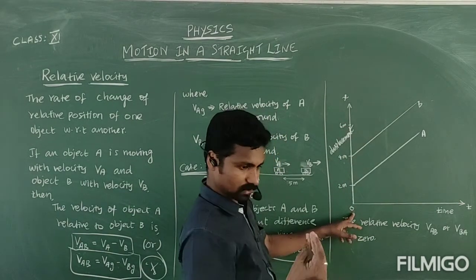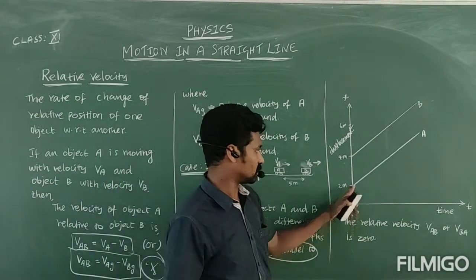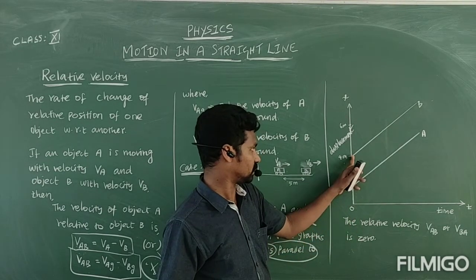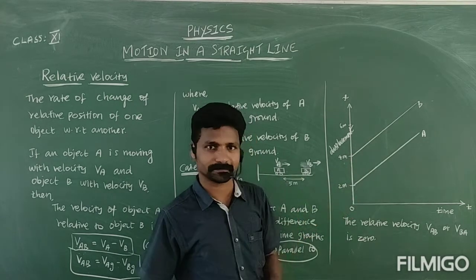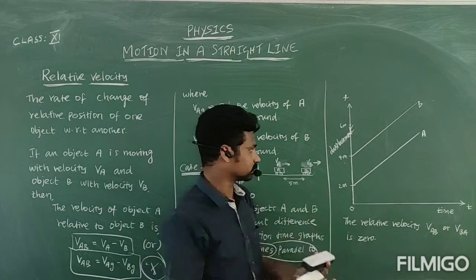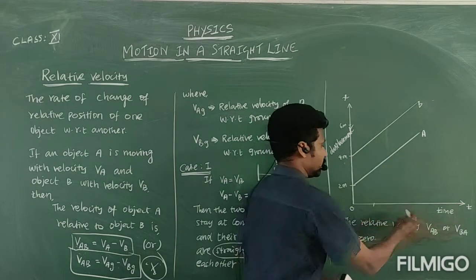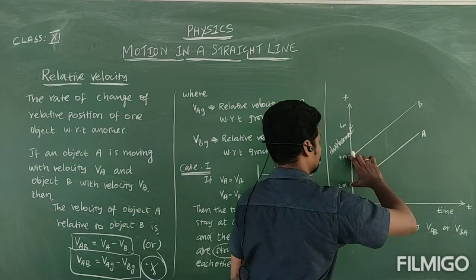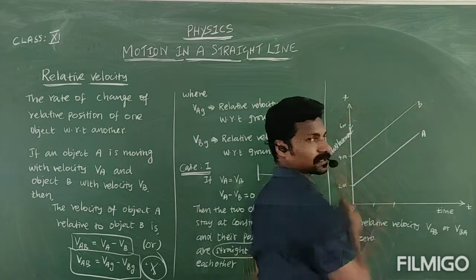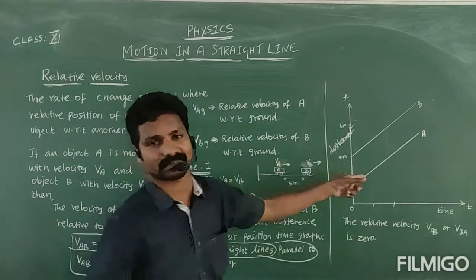So now at the starting time, object A and object B, the gap is how much? 2 meter. At the initial time, 2 meter. Then after some time, the same distance is maintained. Again, 2 meter, 2 meter. So the same distance will be maintained, so we got straight lines as well as parallel.